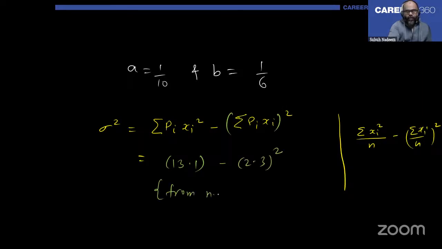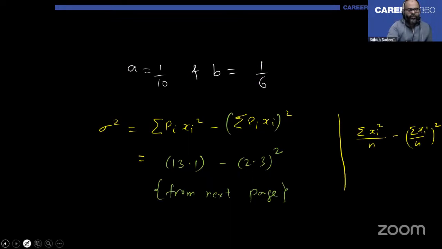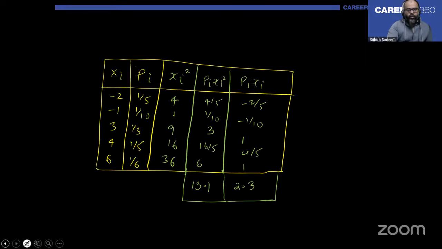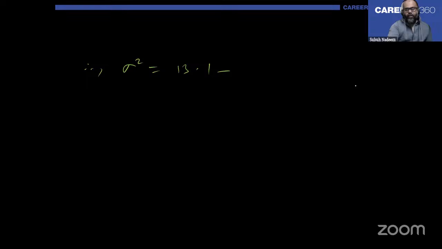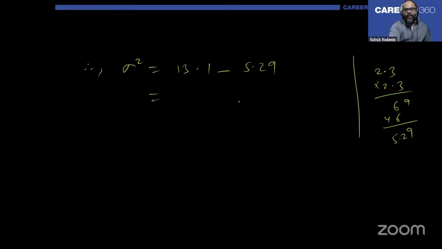This table we have made on the next page. Therefore, sigma square is equal to 13.1 minus 2.3 square. So what is 2.3 square? 5.29, right? So 13.1 minus 5.29 will become 7.81.